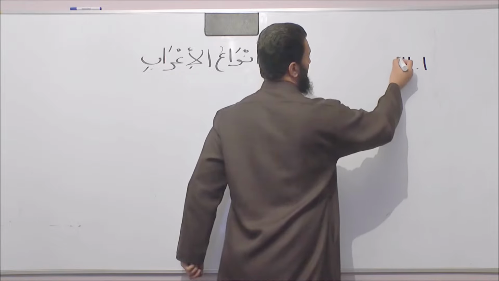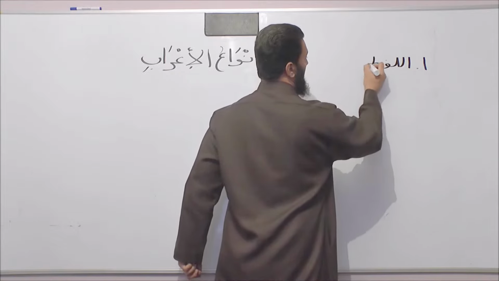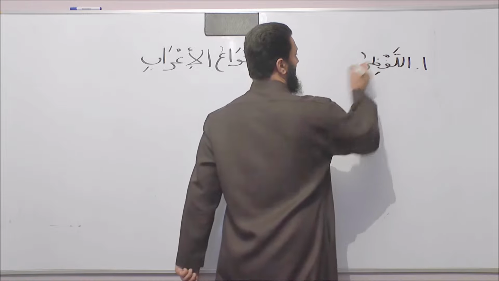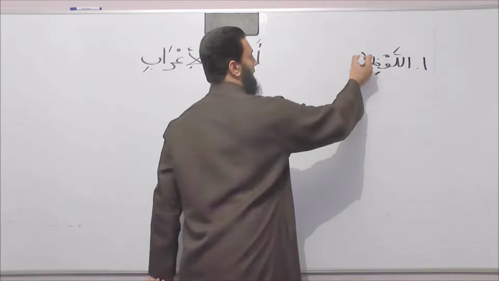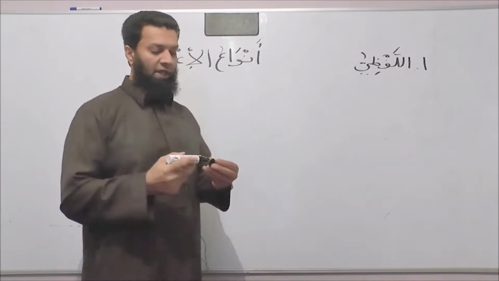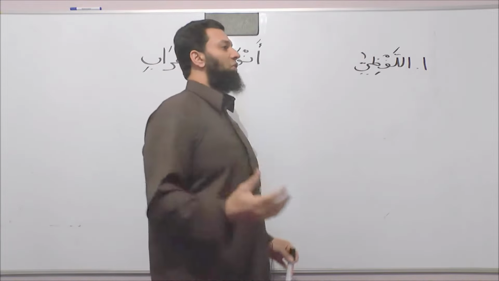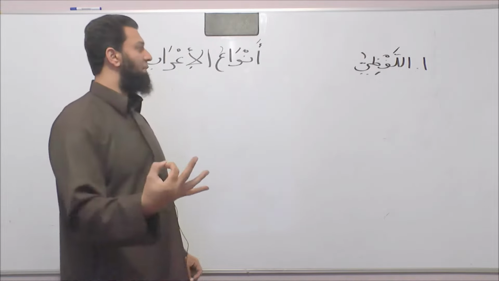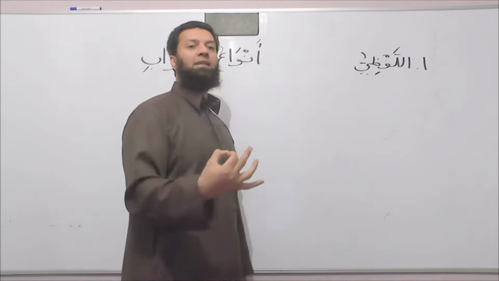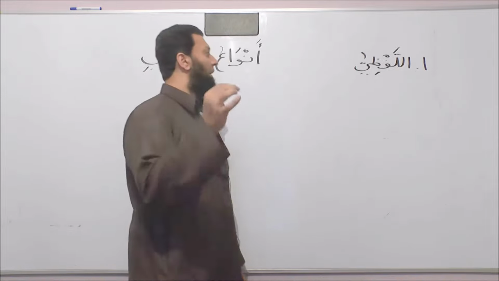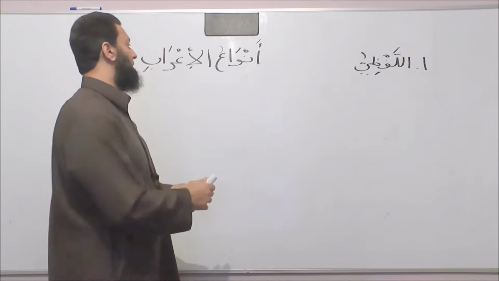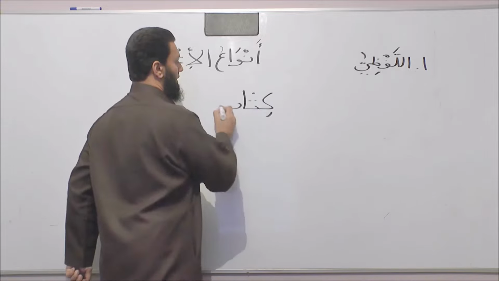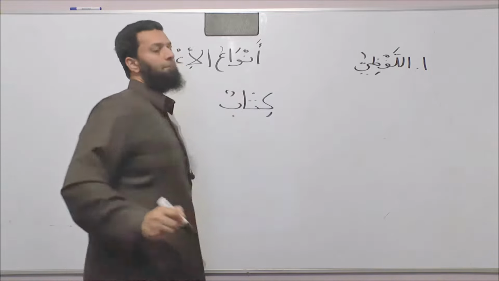So the first is called اللفظي. اللفظي, it relates to when the state of the ismun is manifest upon the final letter of the word itself, such as kitabun.